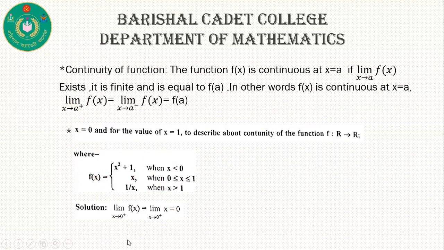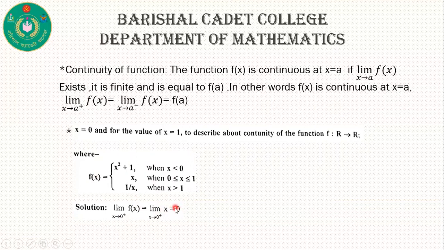Now putting the value here, limit x tends to 0 plus f of x is equal to x. Again I repeat, 0 plus means x greater than 0. That means the function f of x is equal to x. That's why we are putting f of x is equal to x. Now putting the value x equal to 0, we can write 0.